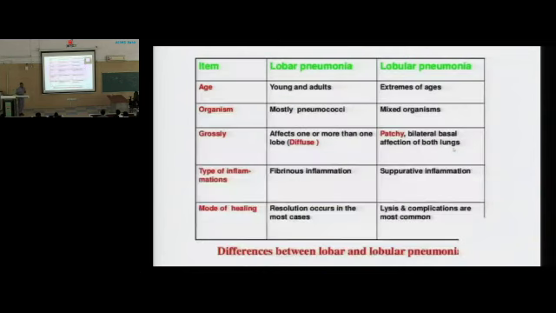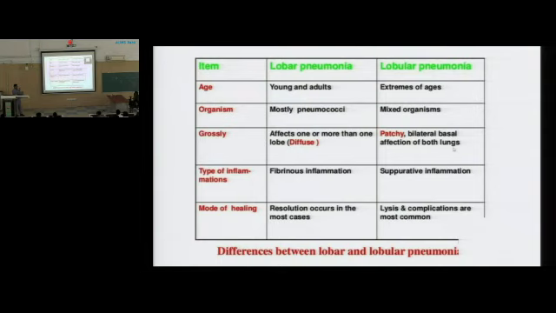So what is the difference between lobar and lobular pneumonia? Again, this is important. Age wise, as we have discussed, lobar pneumonia, while lobular pneumonia affects the extremities of age. Organisms: mostly Streptococcus pneumoniae in lobar, and in lobular pneumonia there will be mixed organisms. Grossly, in lobar one lobe is affected, diffusely throughout.